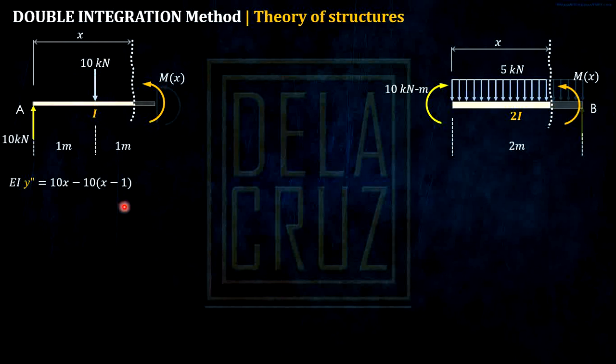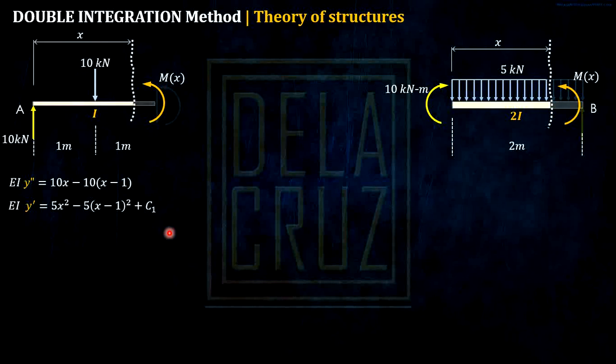This is just the moment as a function of x. Integrating both sides here, that will be 10x squared over 2, that will be 5x squared, and this one, 10 times (x minus 1) squared over 2, that will be 5 times (x minus 1) squared, plus C1, the constant of integration.